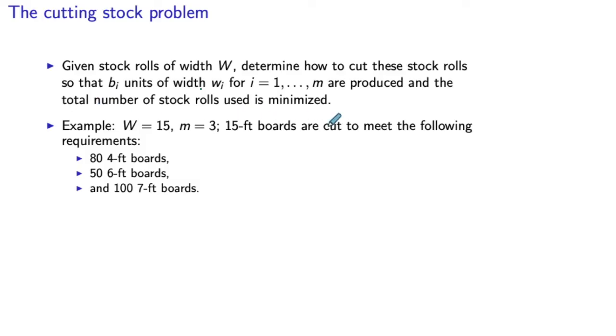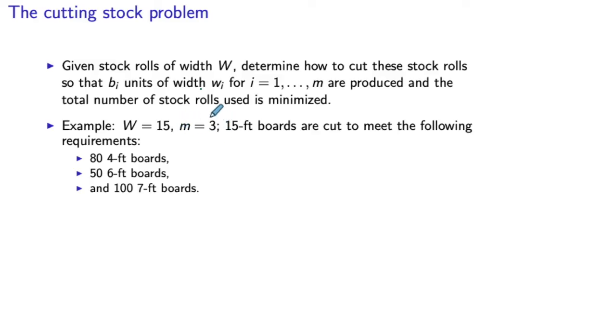As an example, consider the situation when we have 15-foot boards which we need to cut into smaller pieces, and we have the following requirements. So we need 80 4-foot boards, 50 6-foot boards, and 100 7-foot boards. So in this case, capital W is equal to 15, the width of the long boards, and there are three different types of shorter boards that we need to produce.